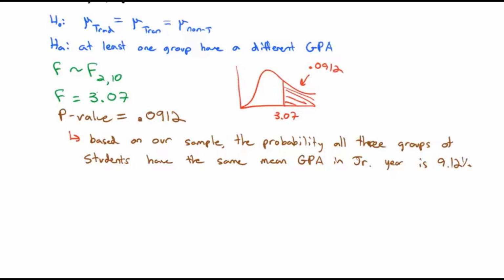We've got a 9% chance that all three groups have the exact same mean. The p-value is the probability the null hypothesis is true, which means we are ready to make a decision.